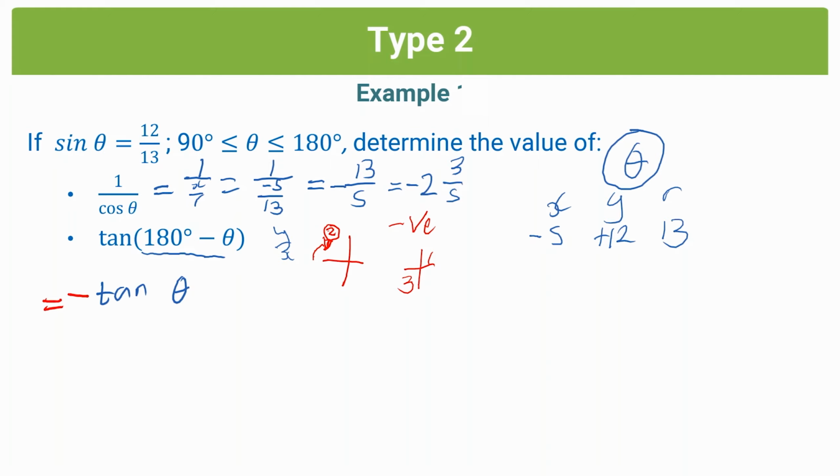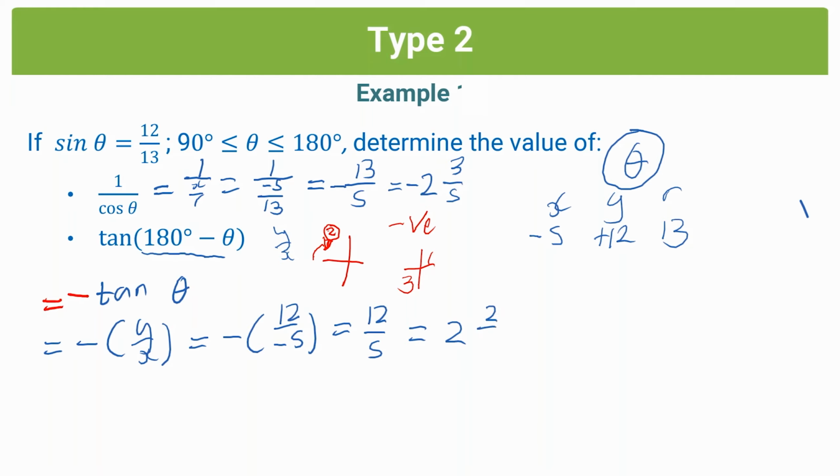So when we're substituting in, we have negative y over x, not positive y over x. So that's going to be negative into 12 over negative 5, which is going to give us positive 12 over 5, or 2 and 2 over 5. So that would be your final answer for this question.